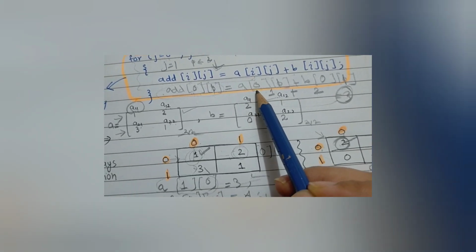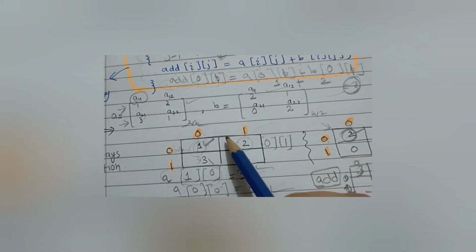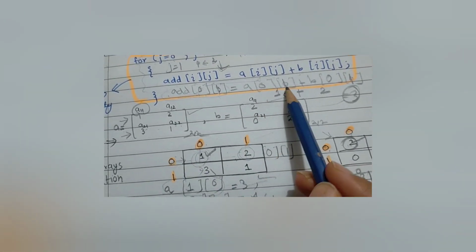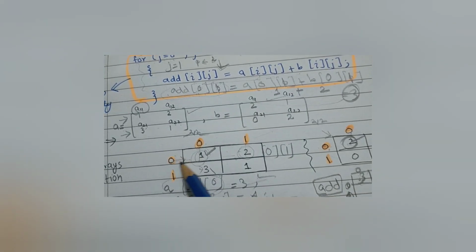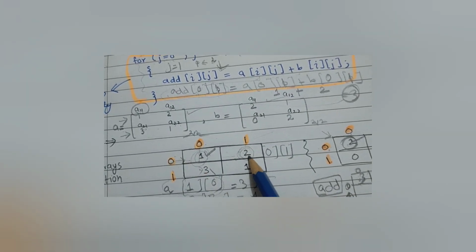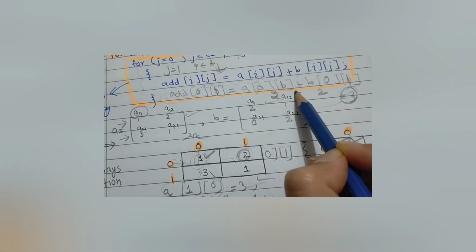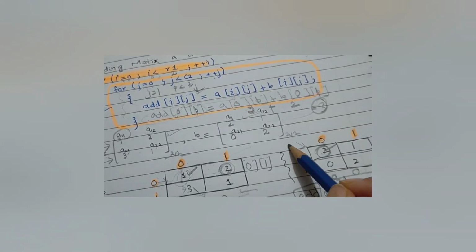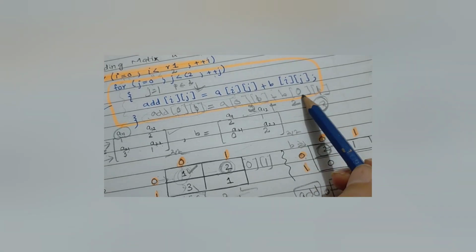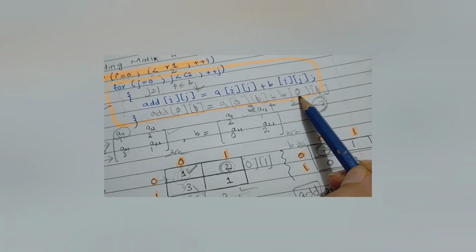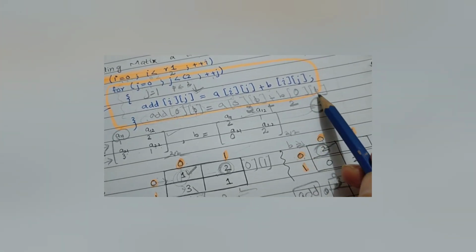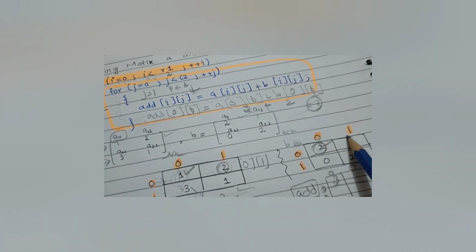So now see, in the location 0 row and 1 column. So this is 0 row and this is 1 column. So this is the digit, 2 plus. Now in the second array, named b, see the location. Row number is 0 and column number is 1, like this digit.